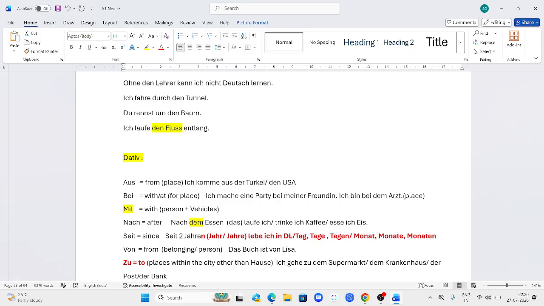The bank is the bank, but after aus you have to use dative. So die becomes der. Aus der Bank.